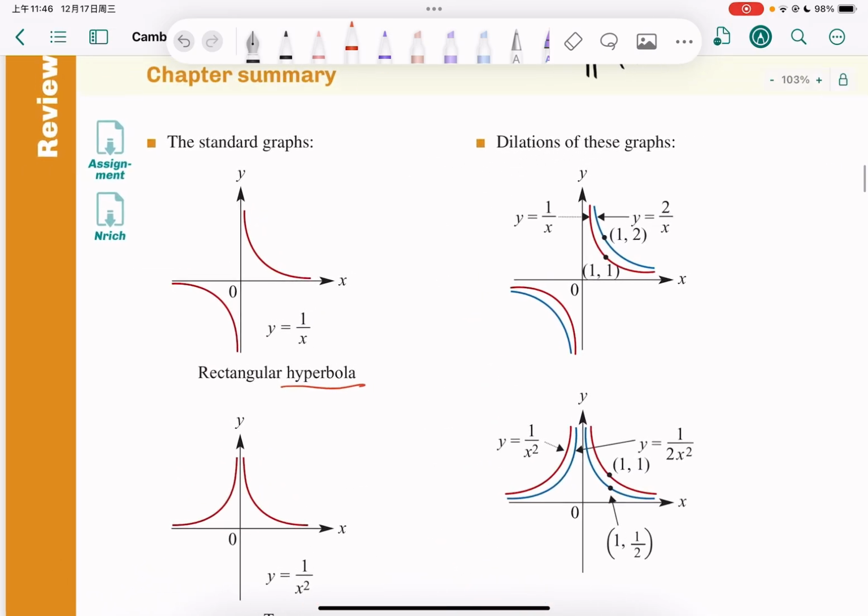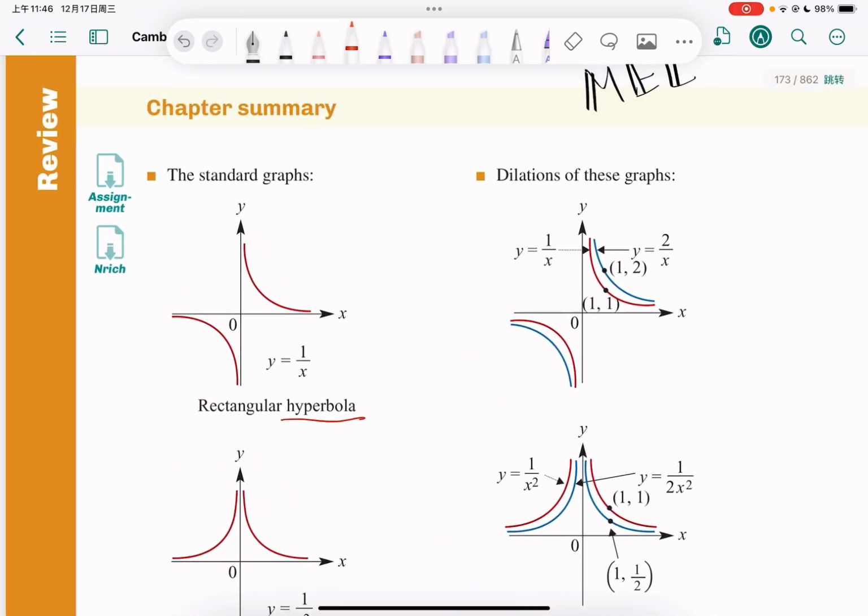So hyperbola is in the form y equal to, for example, k on x, where k is any constant. If k is greater than 0, then you have something that looks like this. If k is positive, then the graph will appear in the first and third quadrant.